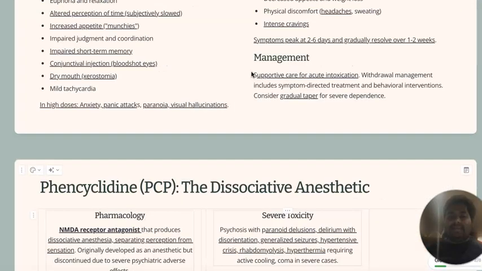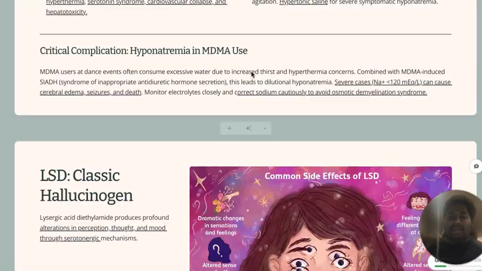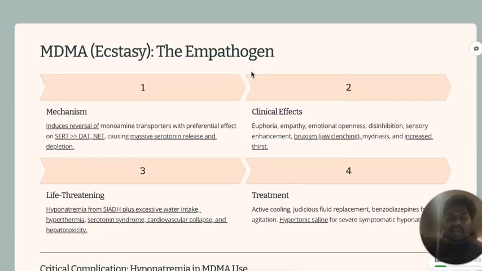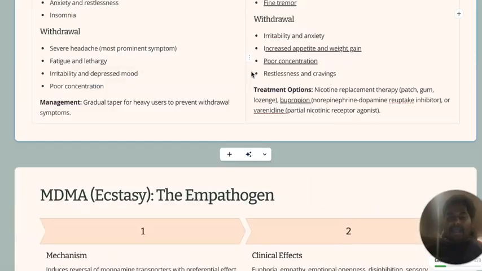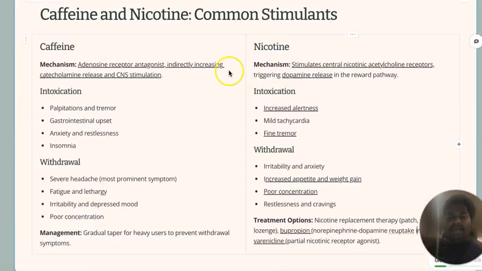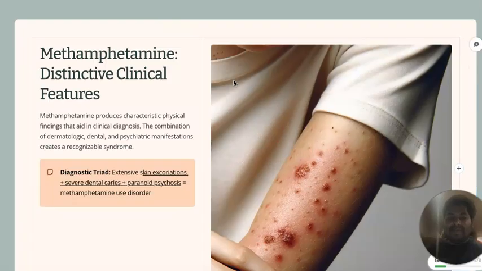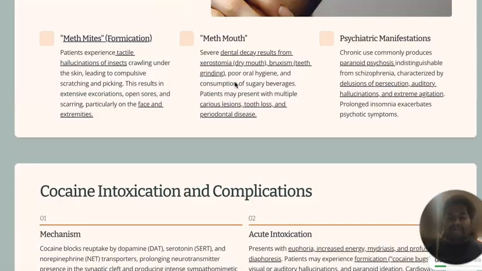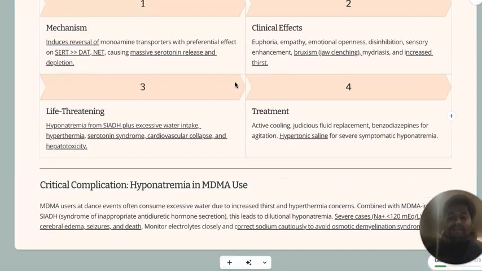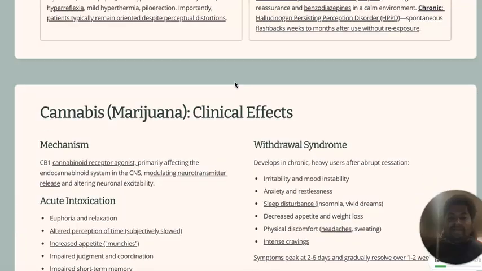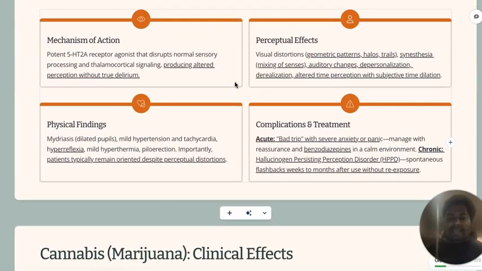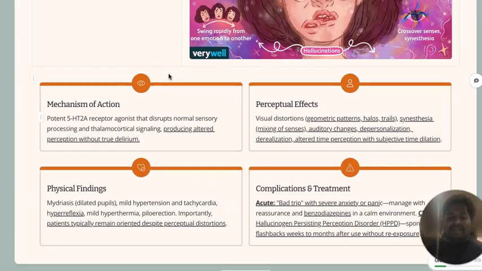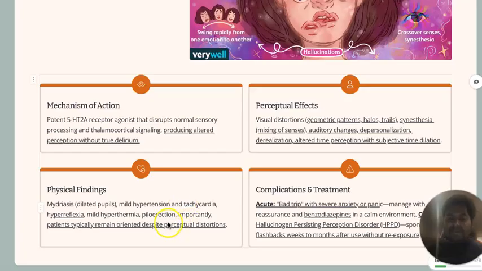Remember, when we were talking about LSD, we said that the person's orientation remains intact, only the perception is altered, and there won't be any delirium, there won't be any disorientation.